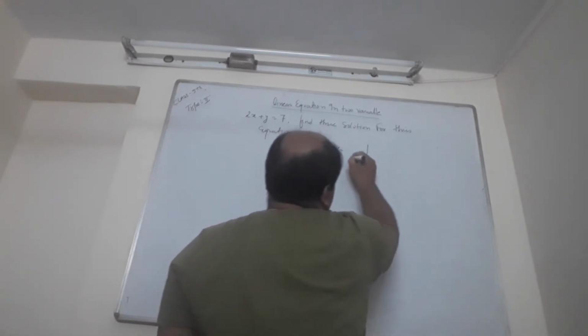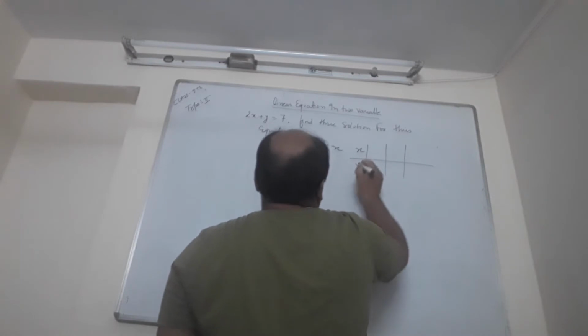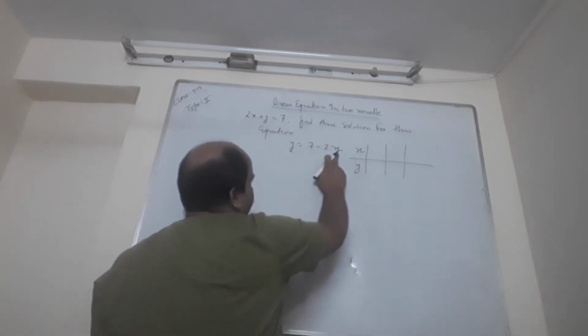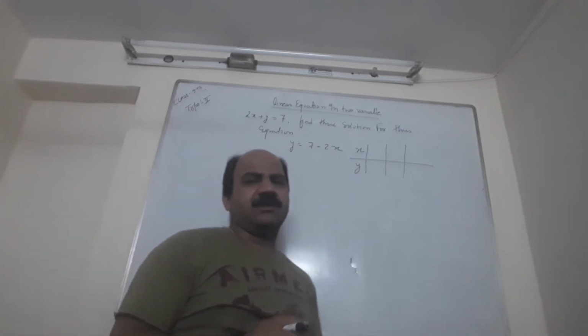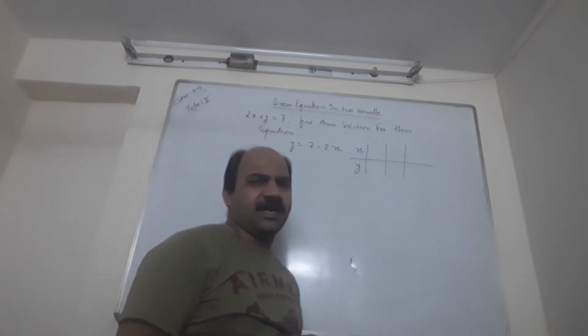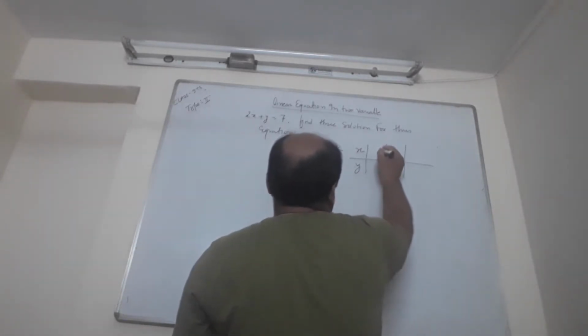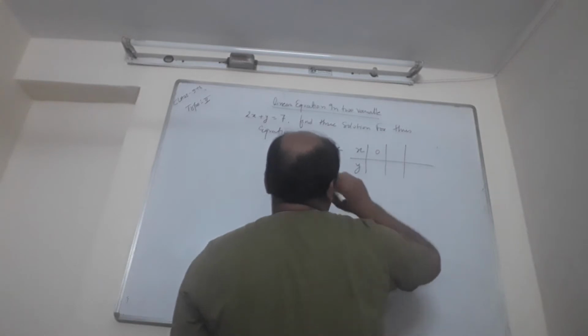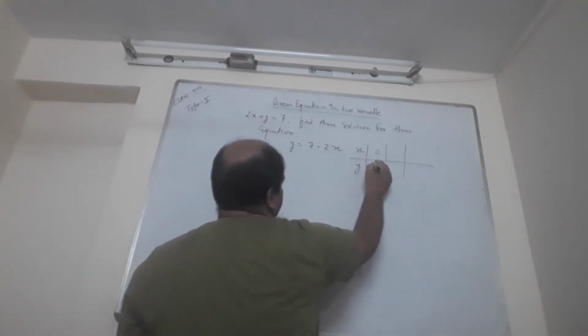Now we will get at least 3 values. So substitute the value of x. Always take values between minus 5 to plus 5 so that the plotting of the graph will be perfect in your graph book. So I am taking first of all x equal to 0. Then it will become 7 minus 2 into 0, so 7 will come.